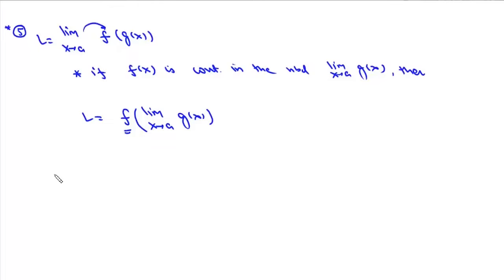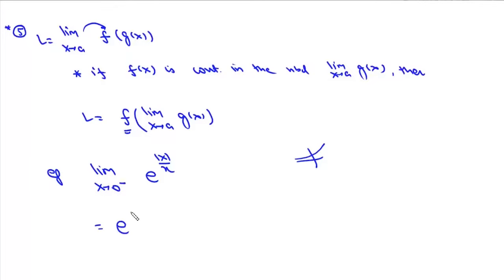Now say for example, suppose we have this limit x tends to 0 negative e to the power mod x upon x. Now we know that the exponential function is continuous throughout. So we can take this limit inside this function.